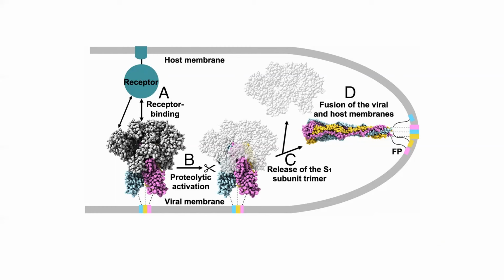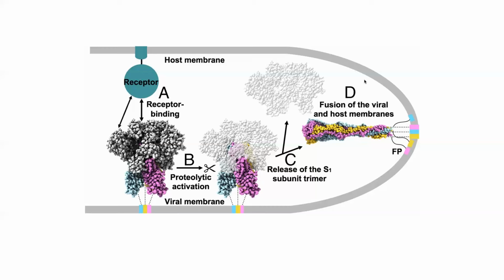And the top part is actually exposed to interact with receptors and with the cleavage, the furin protein as well. So then this causes a transformation which connects the two membranes together.